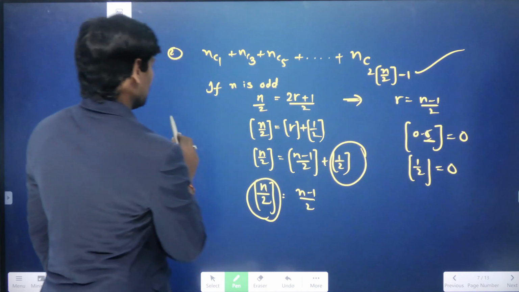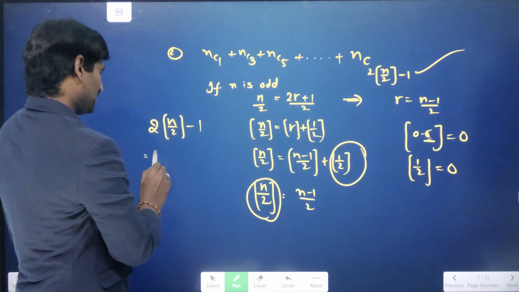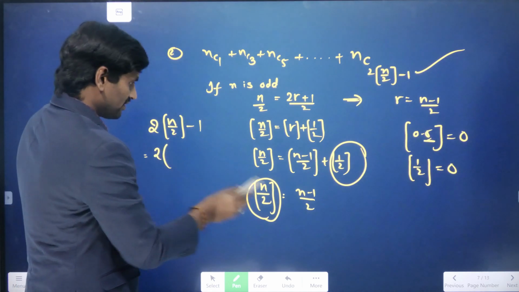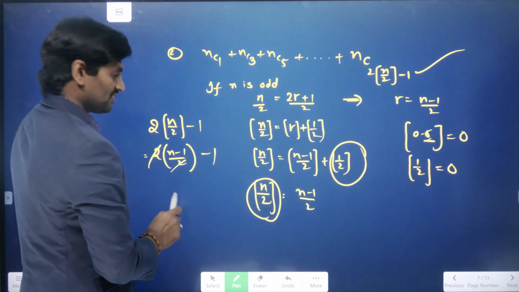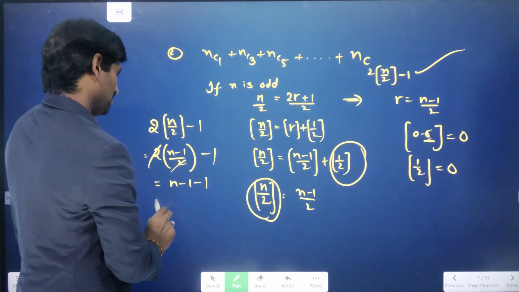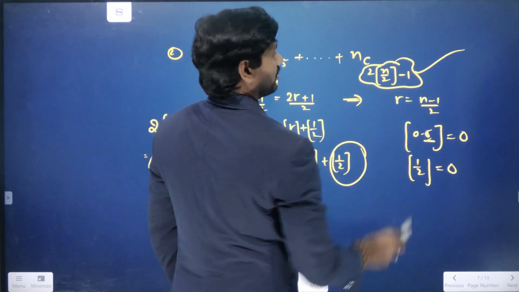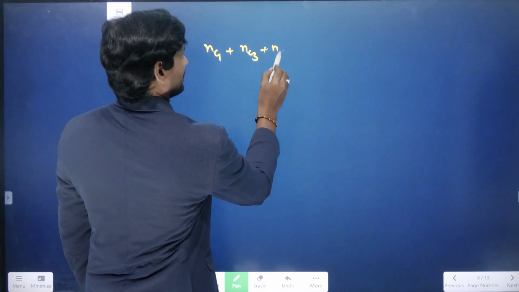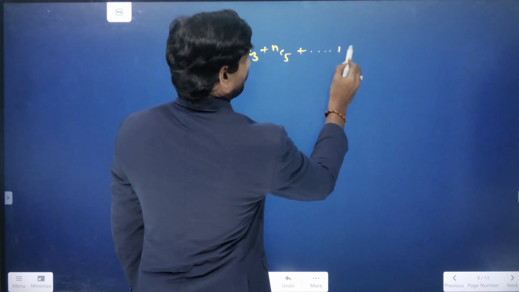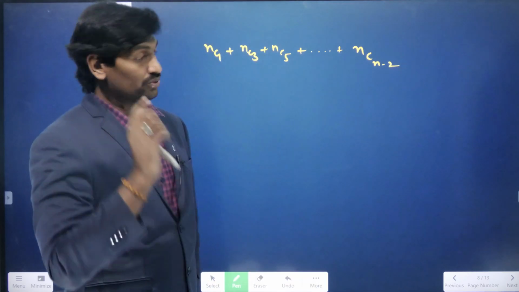Now what is this one? 2 into greatest integer of n by 2 minus 1 equals 2 into n minus 1 by 2 minus 1. 2 cancels, here n minus 1 minus 1, nothing but n minus 2. So this value we found, n minus 2, that equals nC1 plus nC3 plus nC5 plus and so on plus nC n minus 2. Until n minus 2 terms we should take.